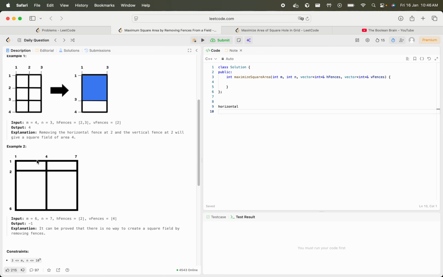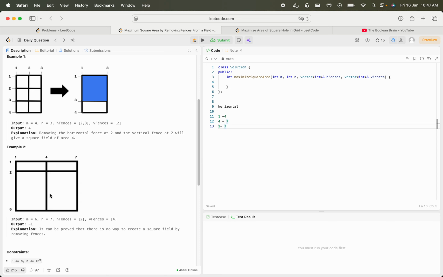In the horizontal direction, since 4 is one fence, what are the possible lengths? 1 to 4, isn't it? Apart from that, 4 to 7, and 1 to 7. So these are all the possible widths in the horizontal direction. Why is this?